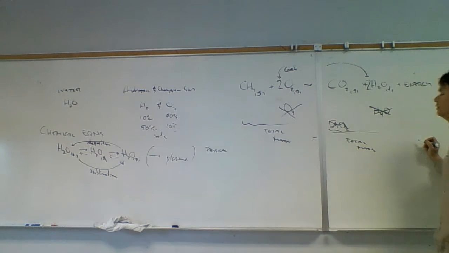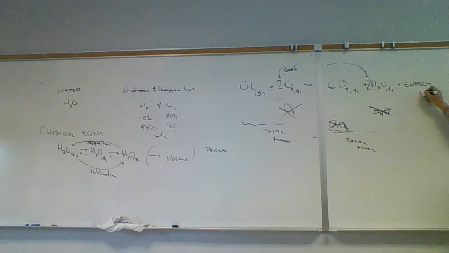Now energy is a little bit tricky, because have you heard of this equation, E equals mc squared? Or delta E is equal to delta m c squared. Do you know what delta means? Change. And so the change in energy is equal to the change in mass times, does anybody know what c is?